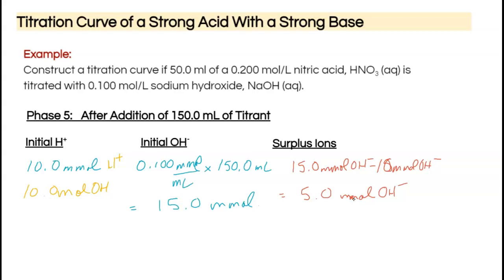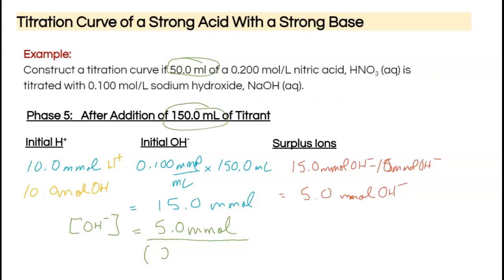So I've got my excess millimoles. What I'm going to do next is say that my concentration of hydroxide ions is going to be equal to those 5 millimoles divided by the total volume. Well, I've got my 150 milliliters plus the 50 milliliters of my analyte, that acid. That gives me a total of 200 milliliters of solution, resulting in a hydroxide ion concentration of 0.025 moles per liter.